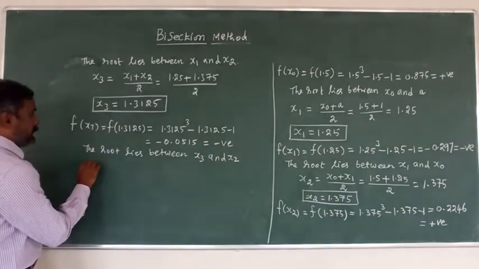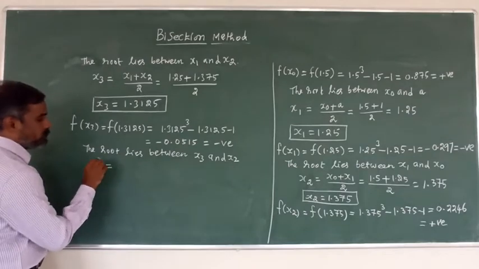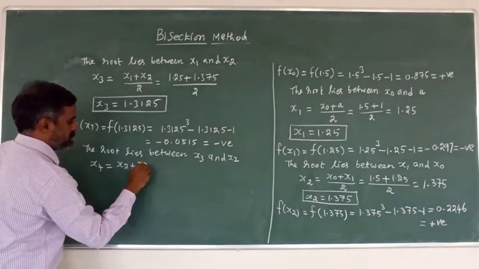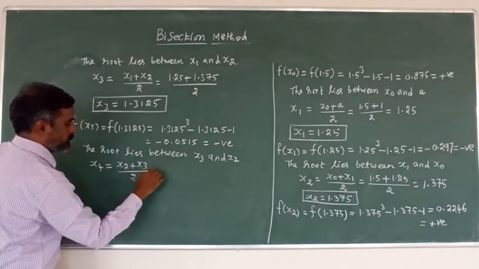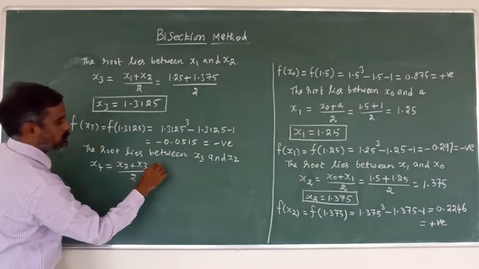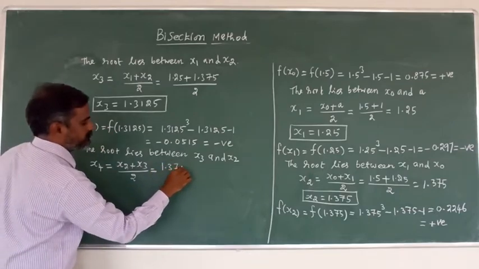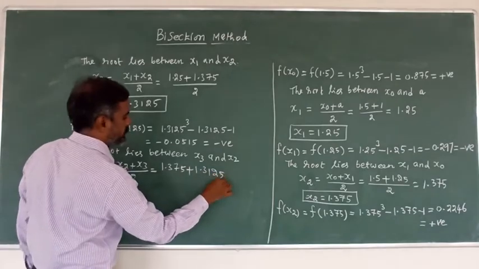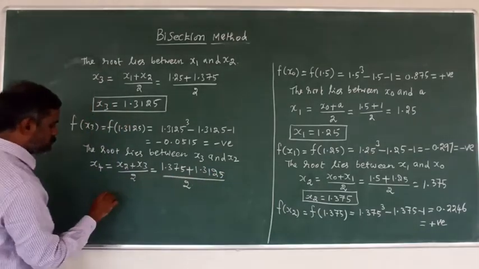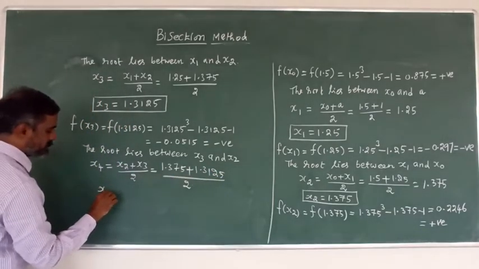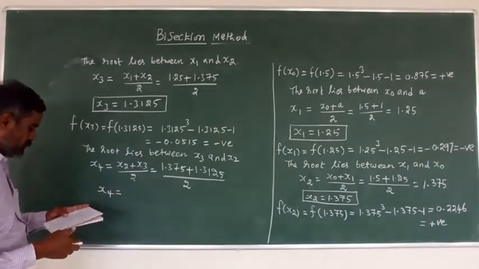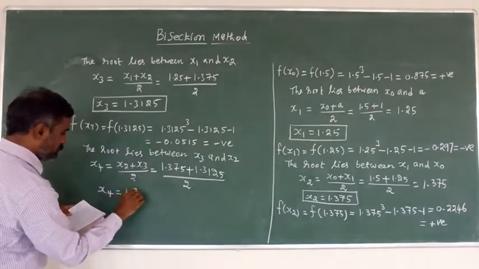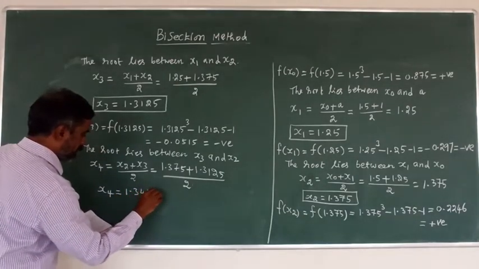Next iteration: x4 equal to the average of these two, x2 plus x3 divided by 2. x2 value 1.375 plus 1.3125 divided by 2. So we can take the average, x4 equal to 1.3438.